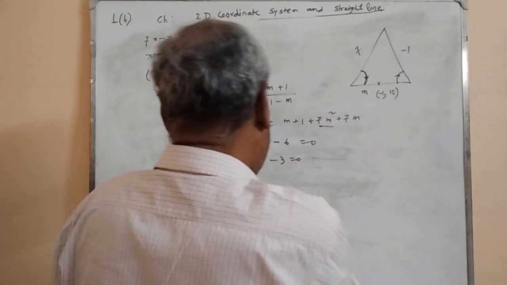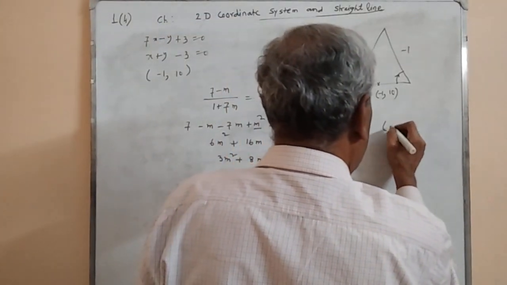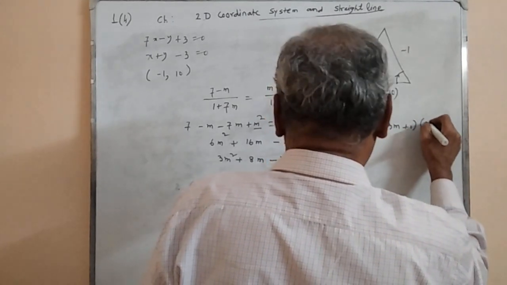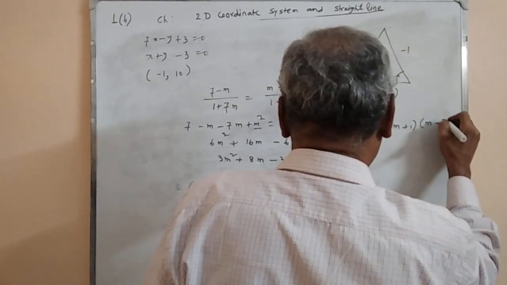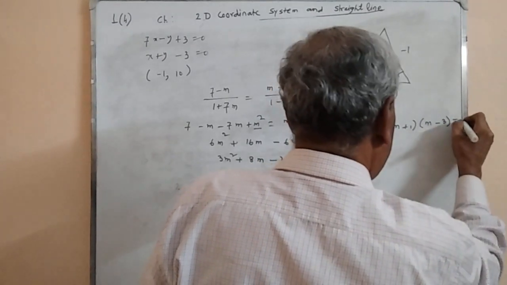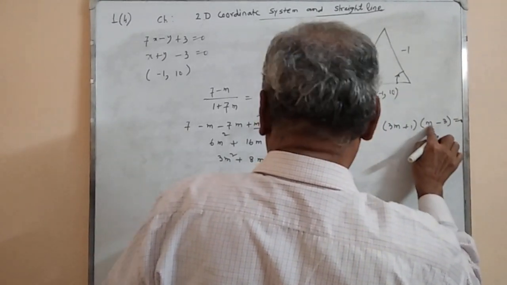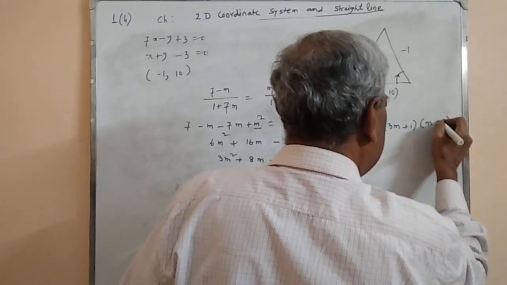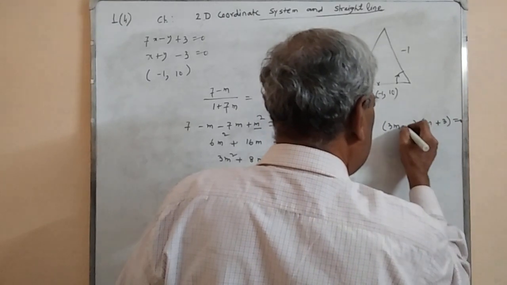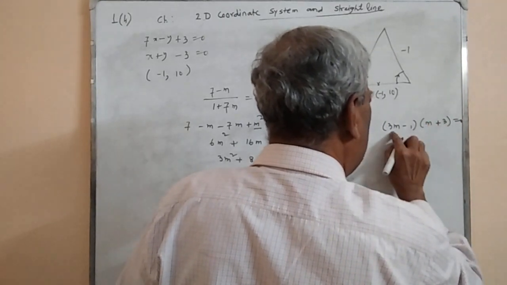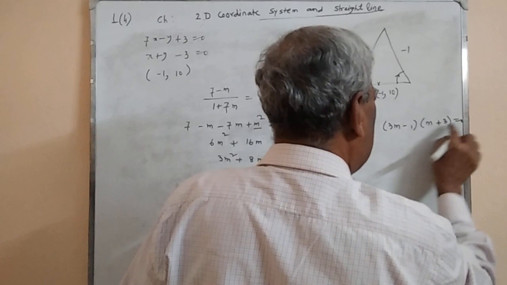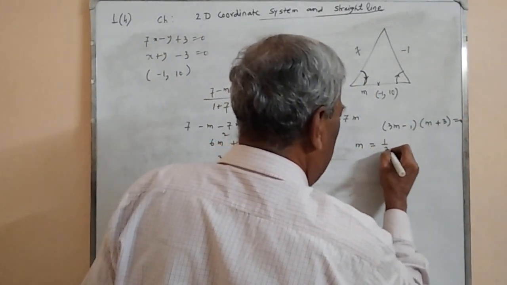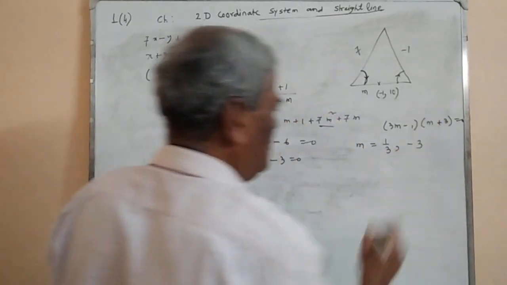So values of m by factorizing, this is equal to 3m minus 1 into m plus 3. Okay, so values of m are 1 by 3 and minus 3.